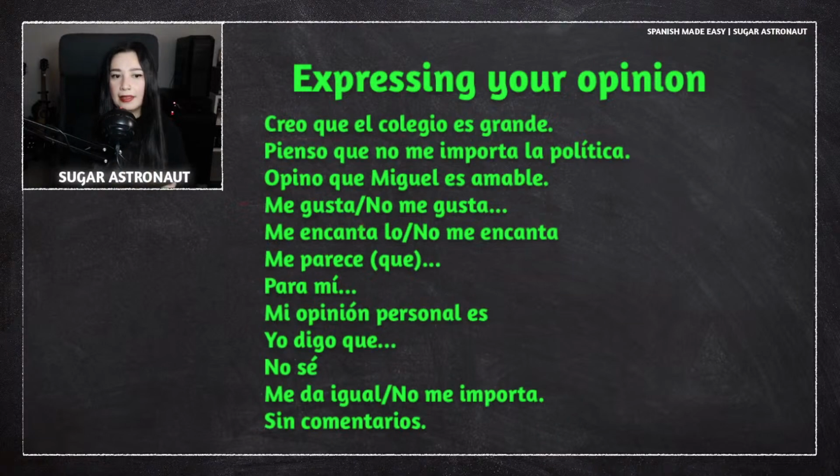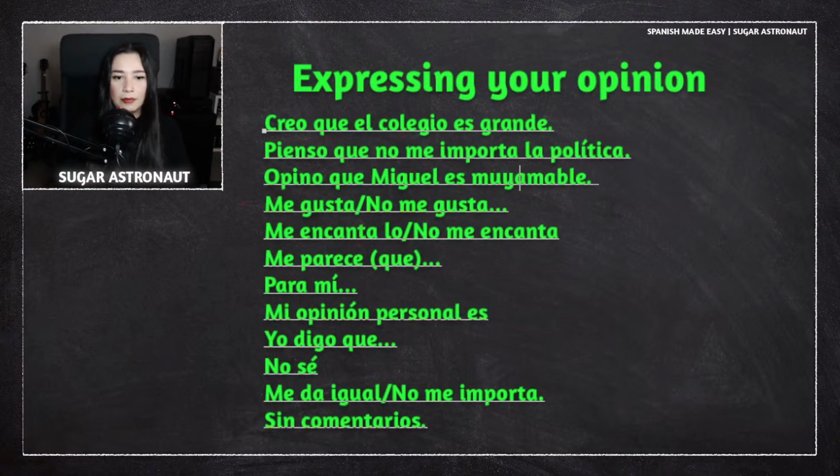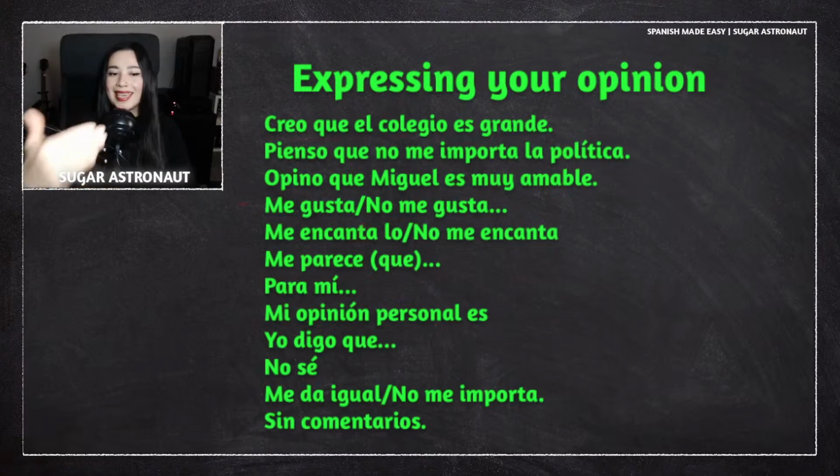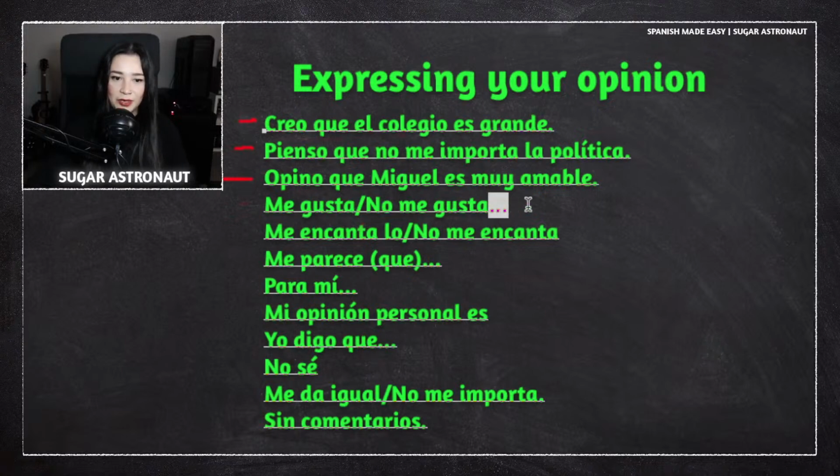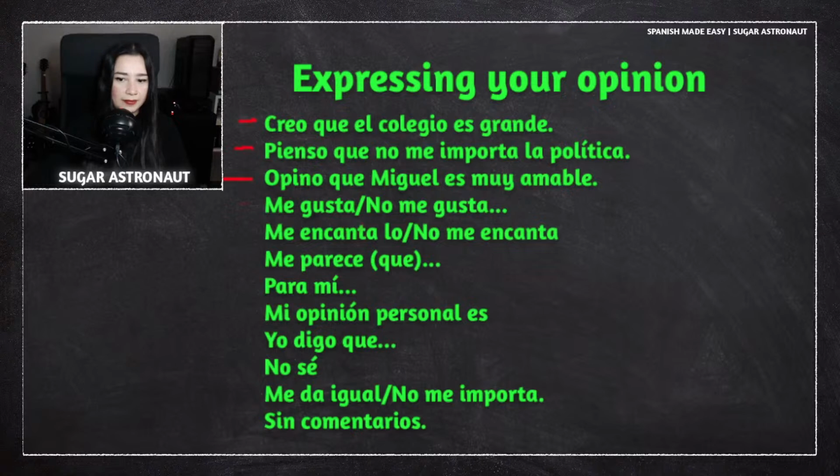Something easy. I think Miguel is very kind, or I think Miguel is kind. If you want to say very kind, just add muy. Opino que Miguel es muy amable. Just remember we're right here. Okay, we already did this and did this one as well. Opino que Miguel es muy amable. I think Miguel is very kind. Okay, that's pretty cool.